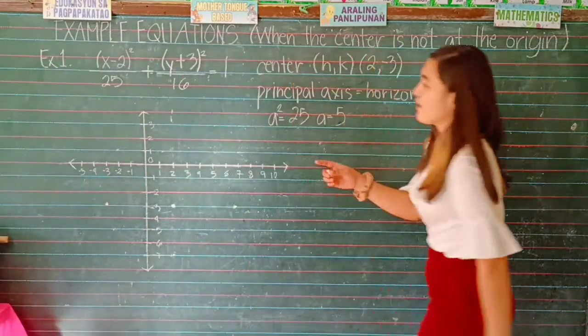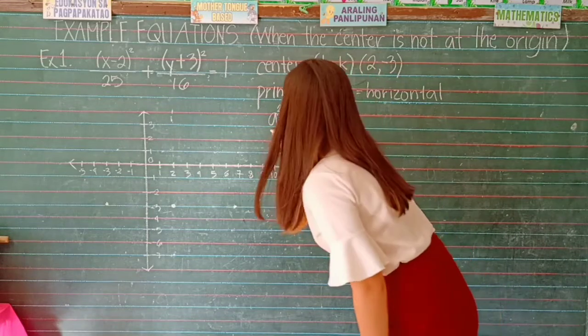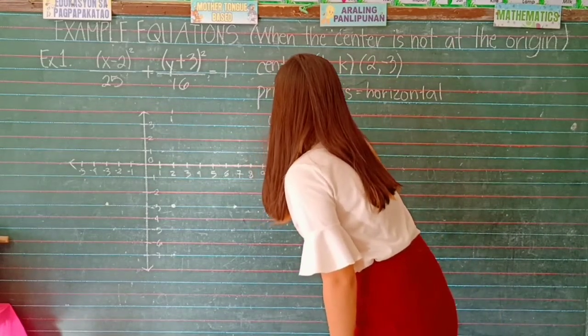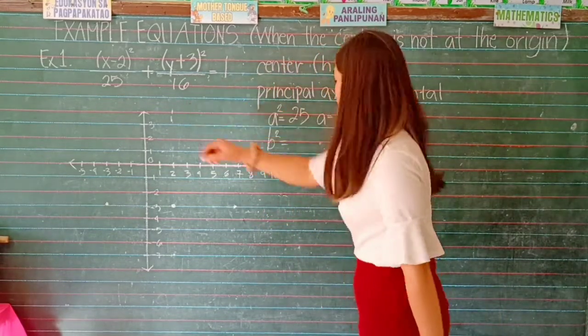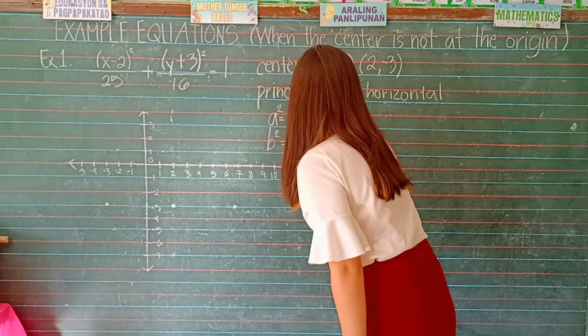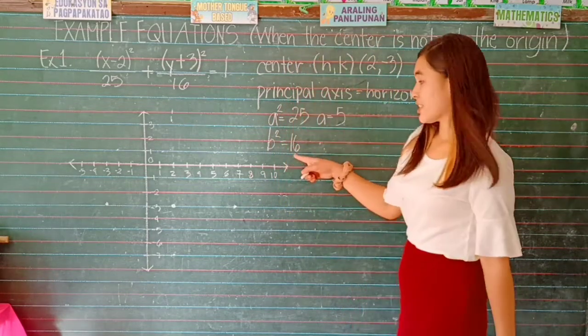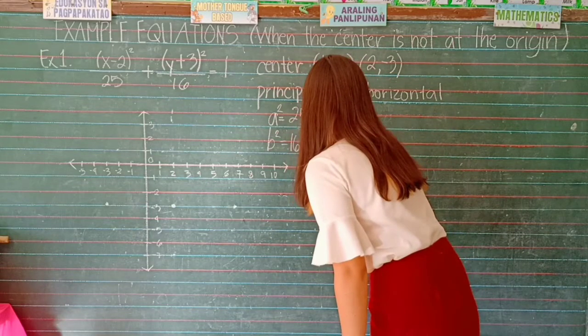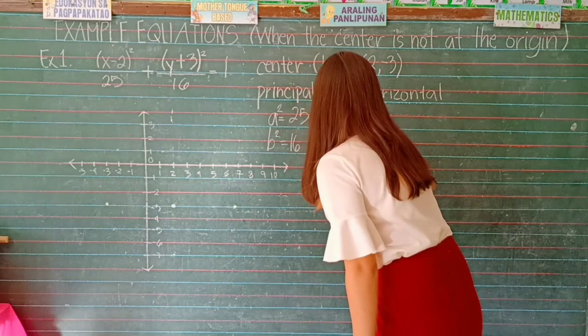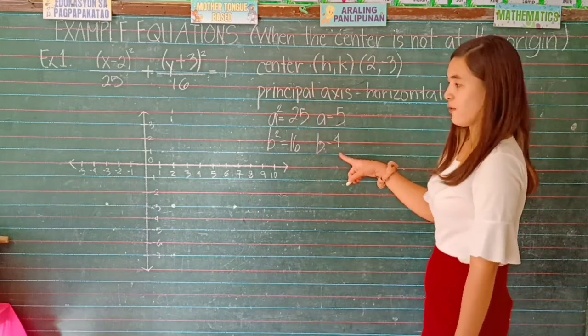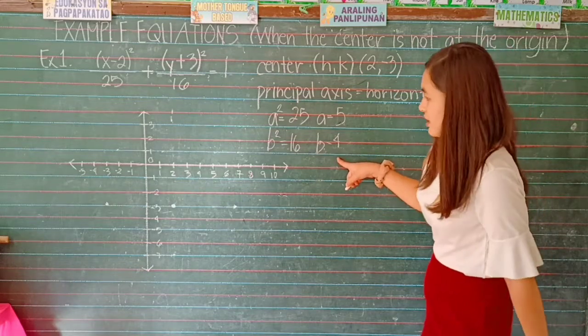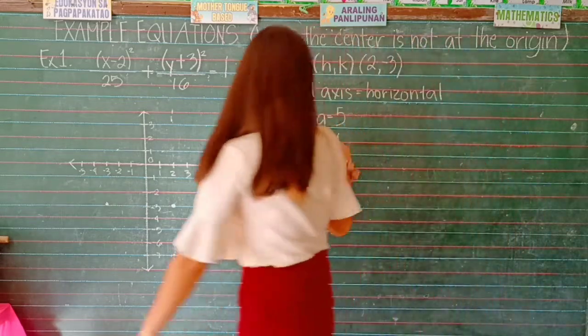Let's proceed in finding the value of b. The b squared is equal to 16, and the square root of 16 is equal to 4. So the value of our b is 4. Let's graph it.